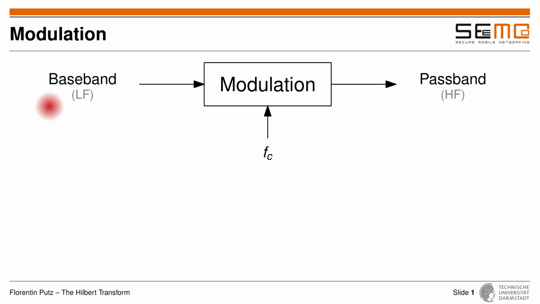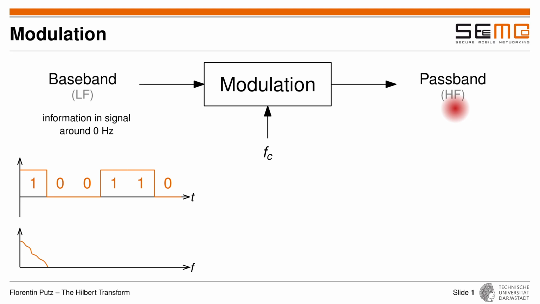So when modulating a signal, we have a baseband signal at the low frequencies, we have a carrier frequency and a carrier wave, and we have a passband signal at the high frequencies. So in this example here, we have a digital baseband signal, which is close to 0 Hertz.